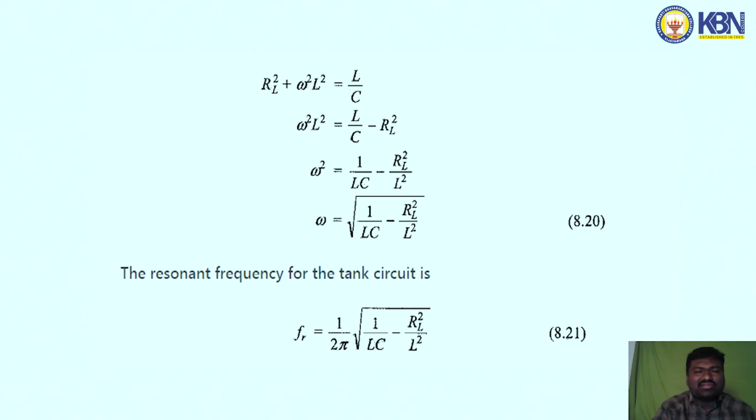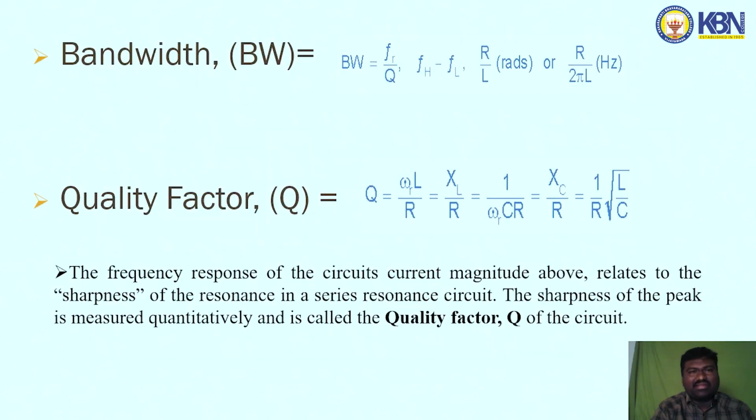The resonant frequency of the parallel resonance circuit is FR equal to 1 by 2 pi square root of 1 by LC minus R square by L square. Here the bandwidth of the parallel resonance circuit equals the resonant frequency of the circuit divided by the quality factor of the circuit. In other words, we can write it as R by 2 pi L. In frequency, the bandwidth will be R by 2 pi L in hertz.